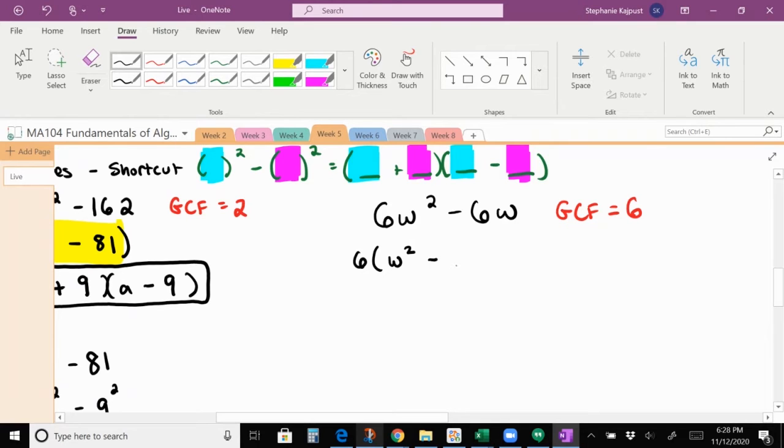Okay, so we've got to do 6w on the outside, right? Okay, 6w on that side, and that leaves a single w inside the parentheses minus, no, 0. 1, because we're dividing, so 1 is left over.